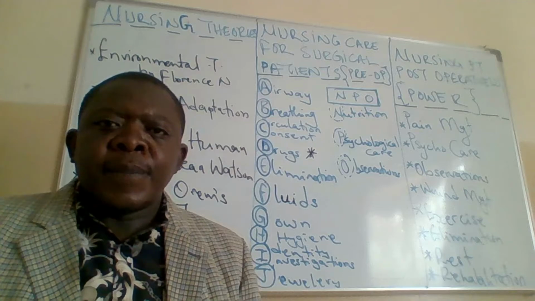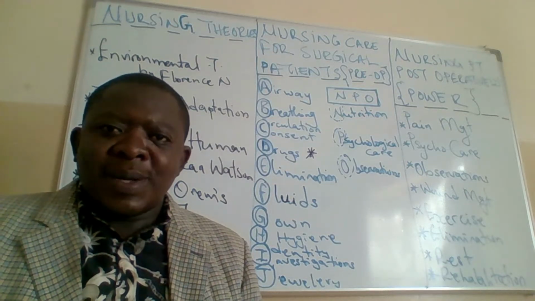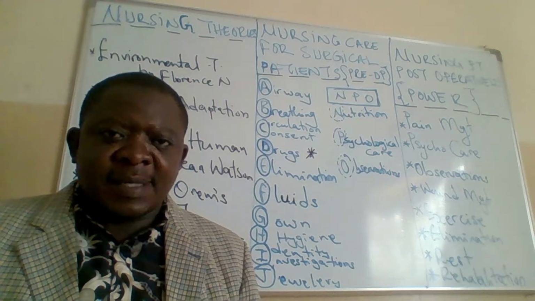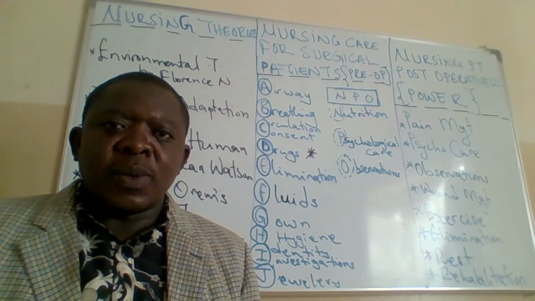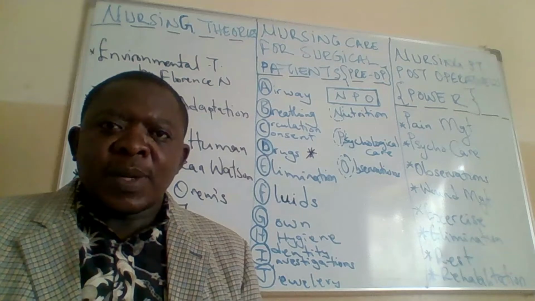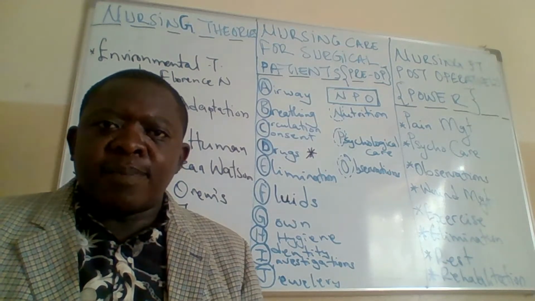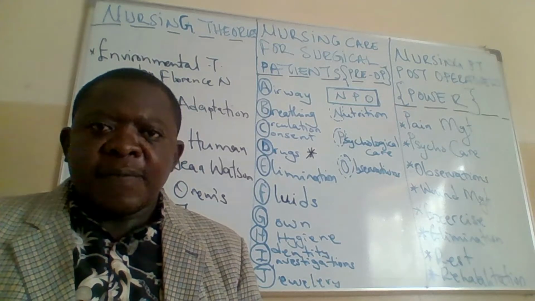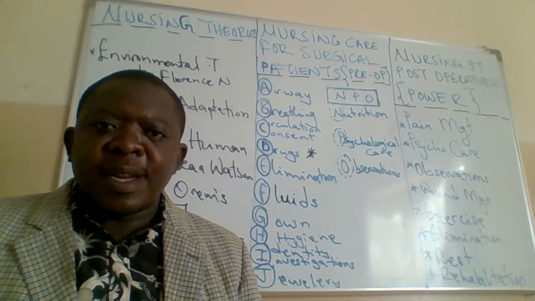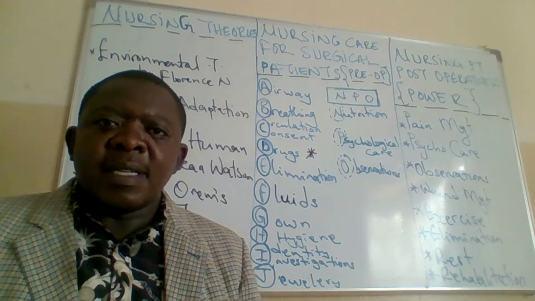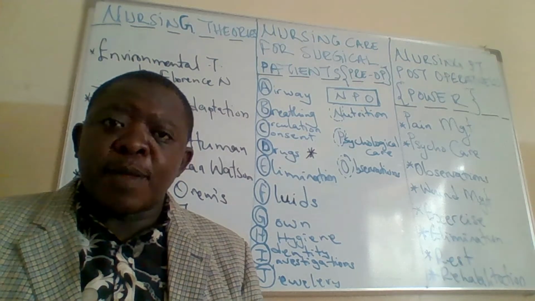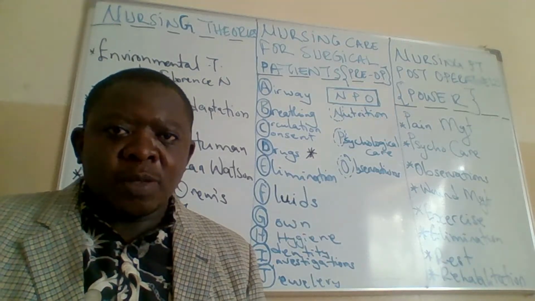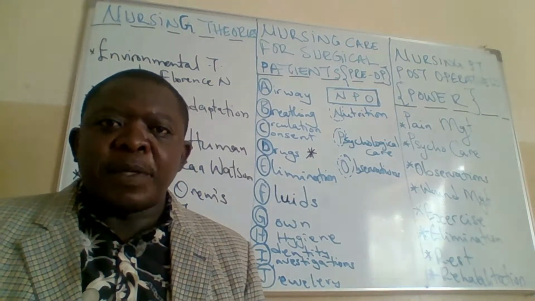And then C stands for two things: circulation and consent. So C in emergency, we are saying check blood circulation. If there are any problems, you can institute the necessary measures in terms of drugs to give before D, you dispose of to the hospital. Dispose meaning you refer the patient to the hospital.